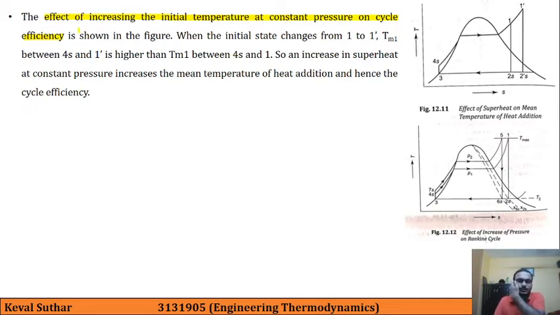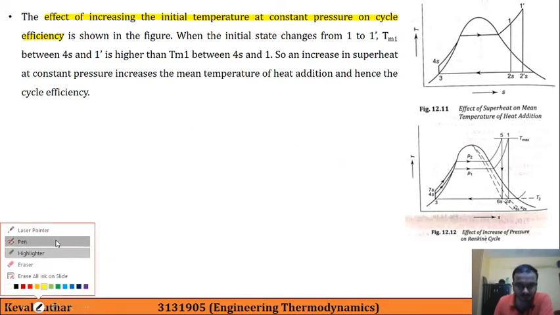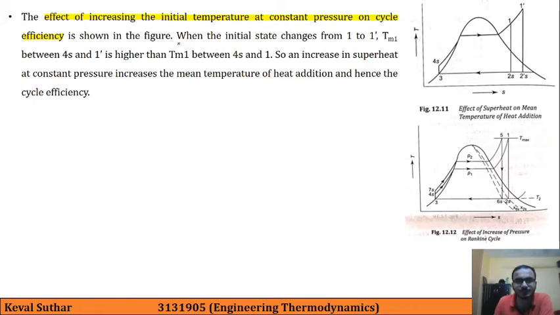We are going to increase the temperature value. So when the initial state changes from 1 to 1 prime, that is from this point to this point, that is going to be the difference.